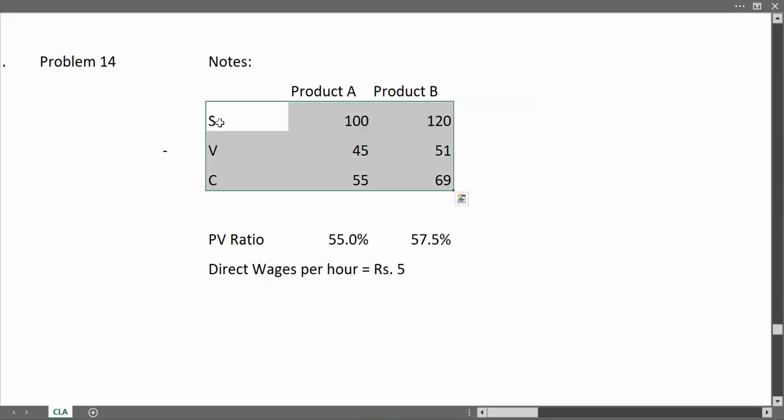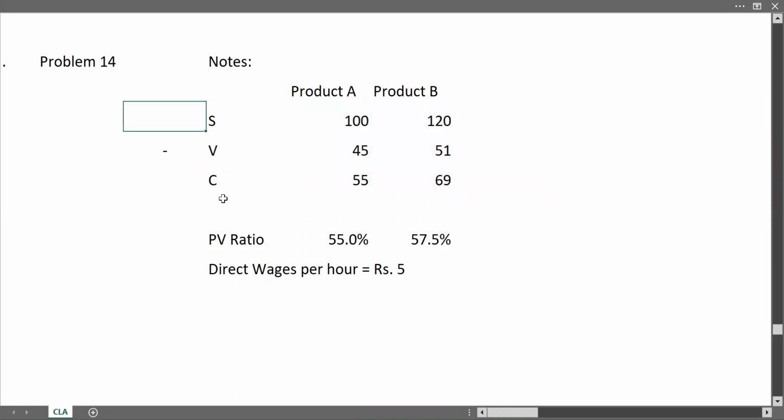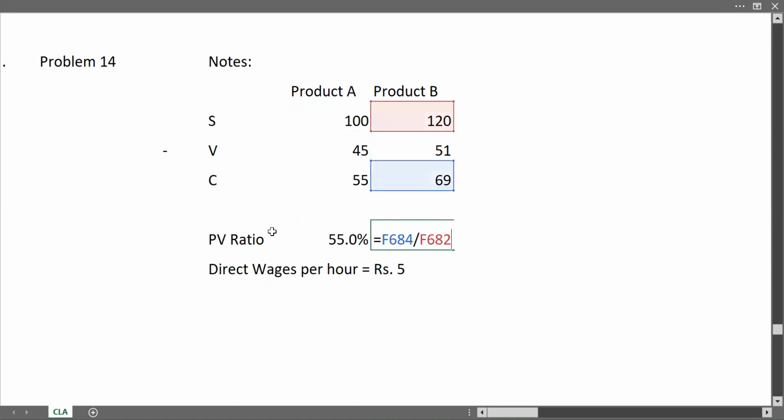So till here, we've just created a marginal cost statement. Fixed cost, why have we not used this? We do not have units information. When they give units information, that time we can use fixed cost. So now just calculate whatever you can calculate. PV ratio: 55 upon 100 is 55%. Here 57.5%. So calculate whatever you can.